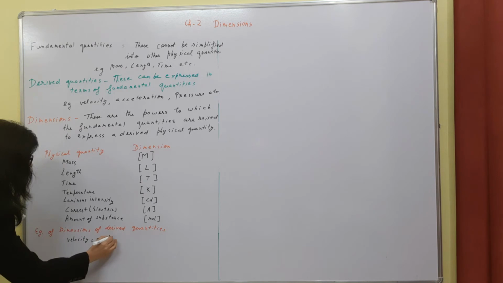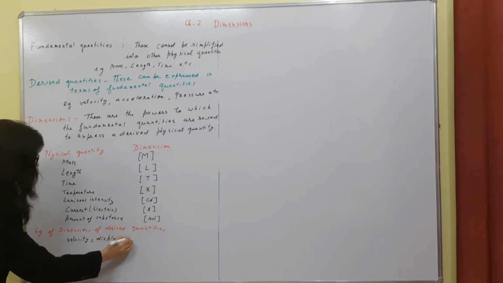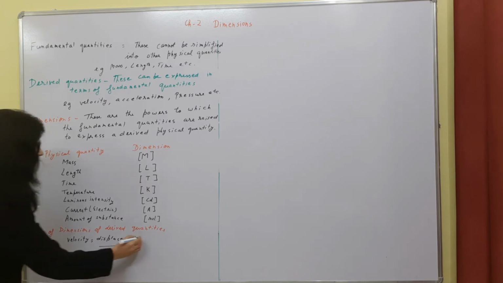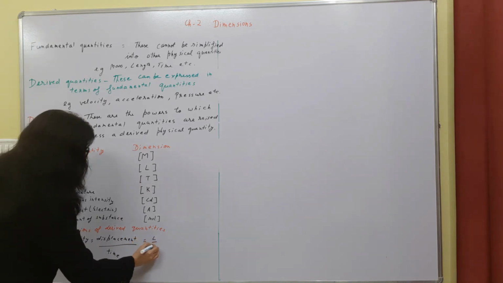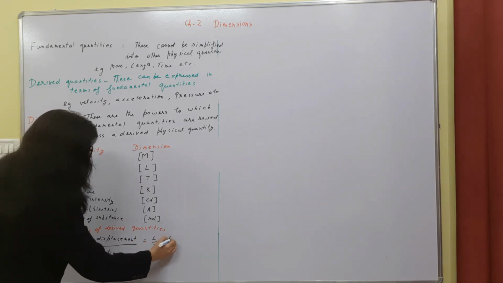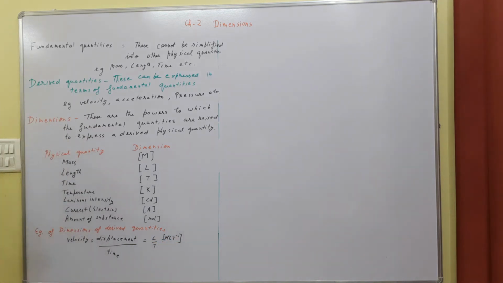Displacement upon time. So this is L upon T. So this is L T minus 1. If you want to express for mass, you can write M to the power 0 L T minus 1.